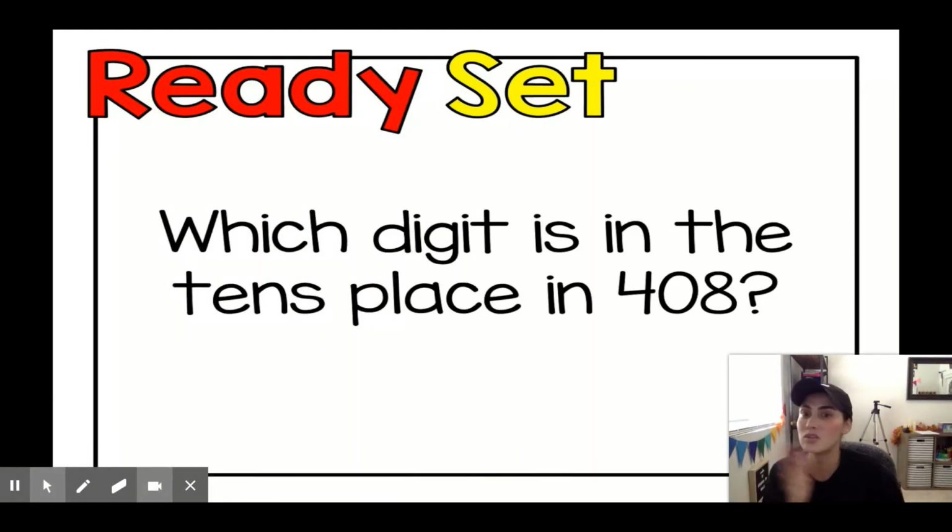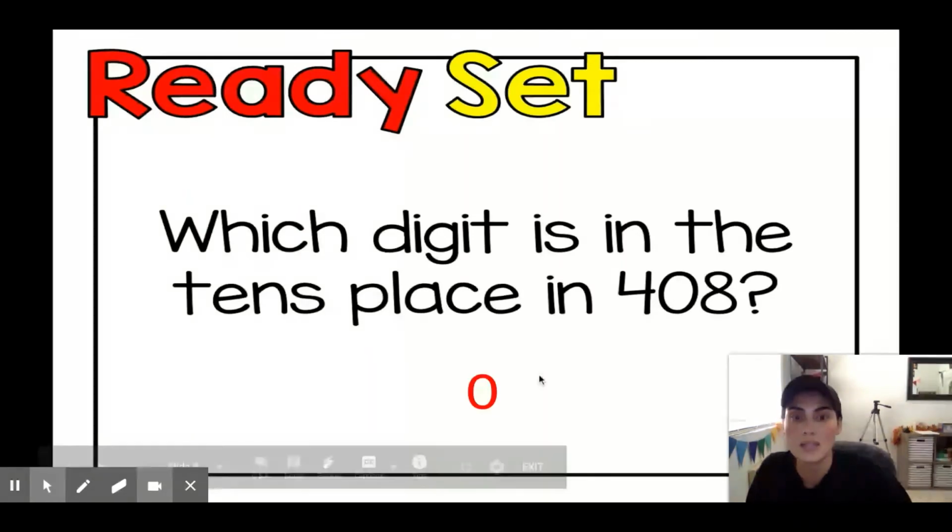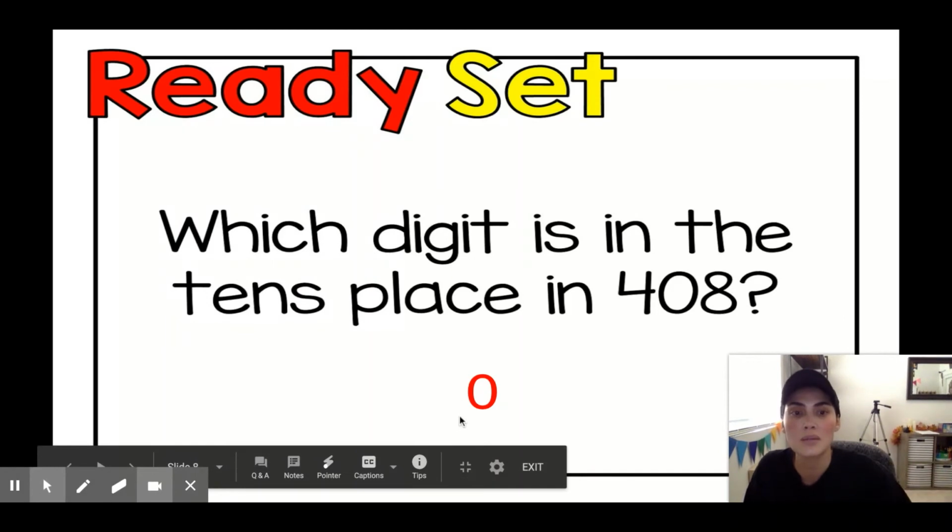When we talk about money, we'll get to the place value to the right of a decimal point. So what number's in the tens place? It's 0. 0 is the digit in the tens place. So there's no tens in this number.